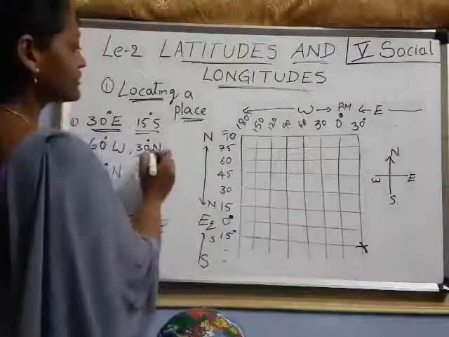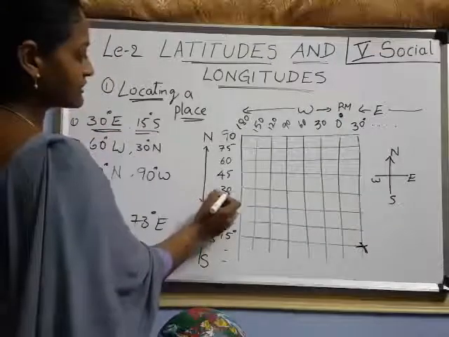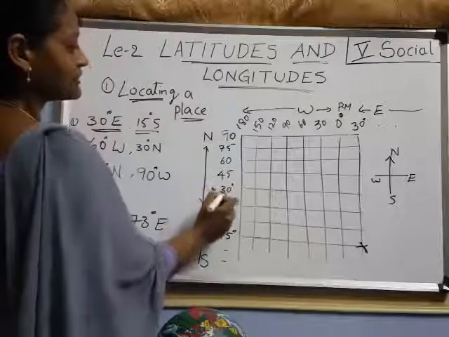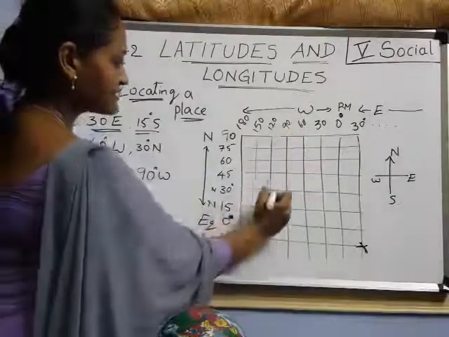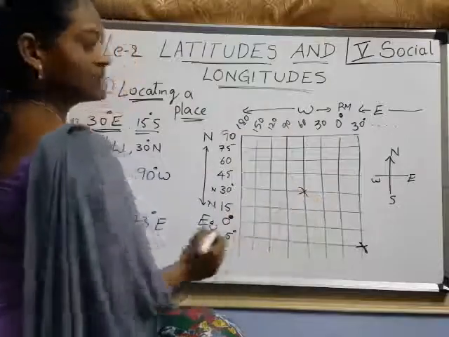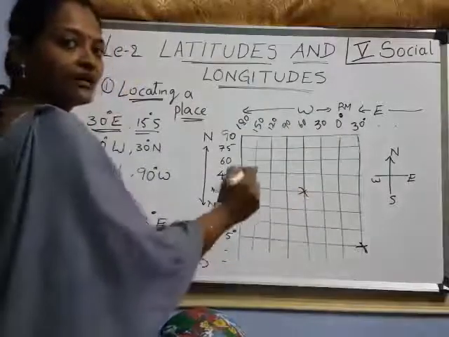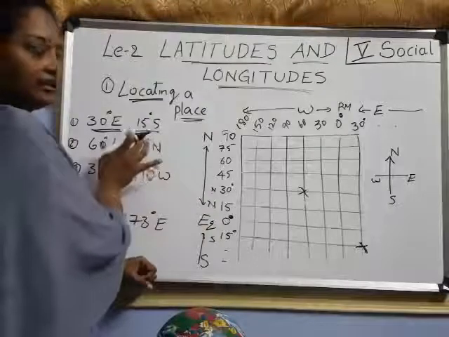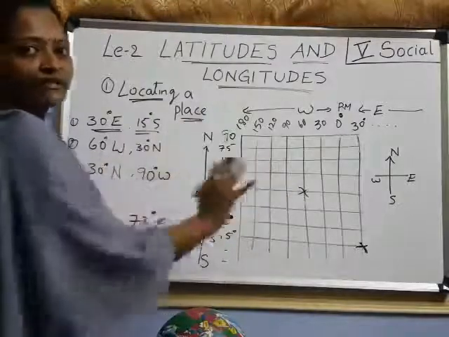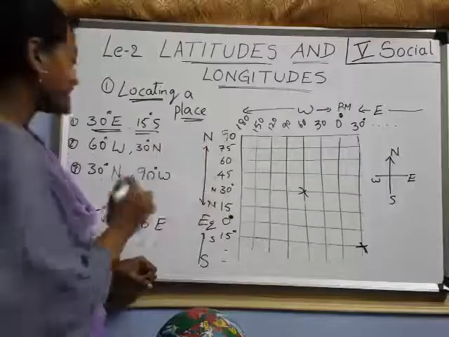And where is 30 degrees north? Here. This is north, right? Where they meet? This line meets at here. So that is the location of the place. If the degrees are given like this, then you can locate the place. Have you understood?